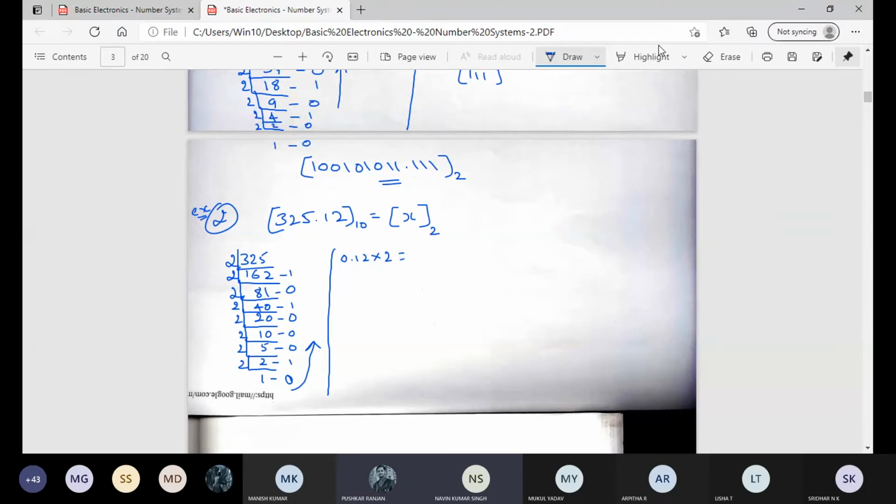The remainder at 5 should be 1. See, I'll tell you. 325 divided by 2 is 162 times, and the remainder is 1. Correct. 162 divided by 2, the quotient is 81, and the remainder is 0. So 81 again divided by 2 is 40, and the remainder is 1.